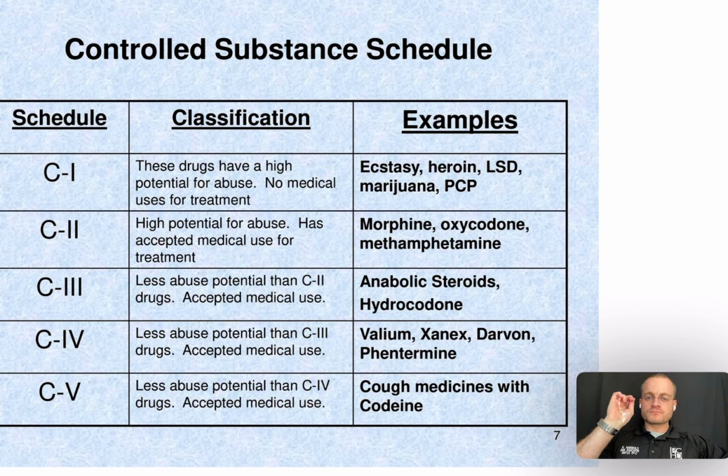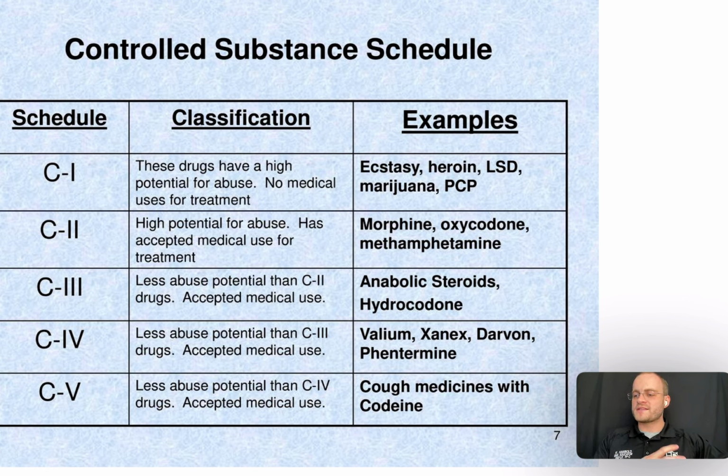We'll work our way up, okay? So what they're saying is the more likely a substance is to be abused, the higher the control, the higher the schedule, okay? So here's the weird nomenclature on this. Like codeine is a Schedule 5, but they'll call it like a C4 or C5, okay?